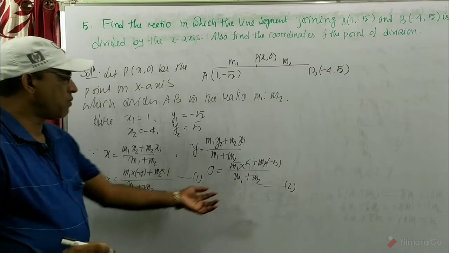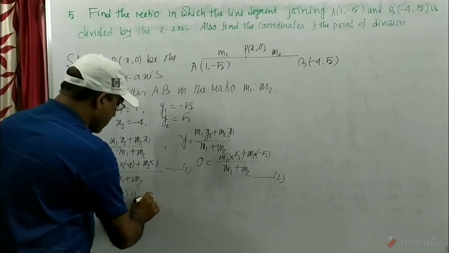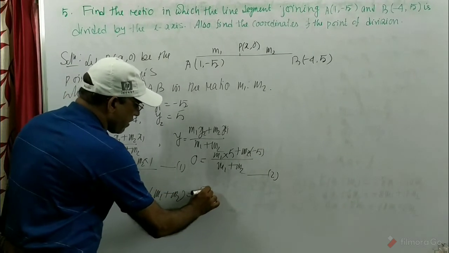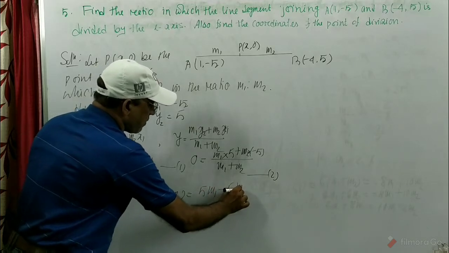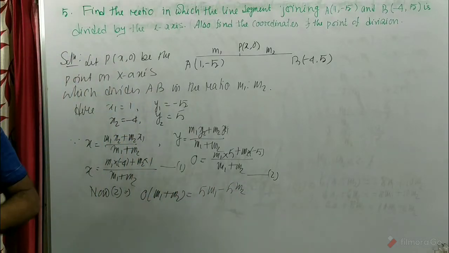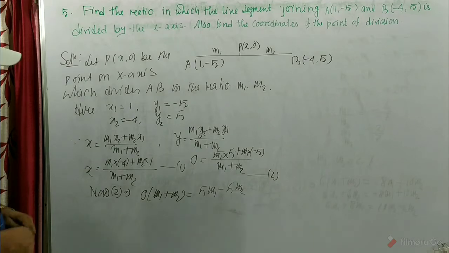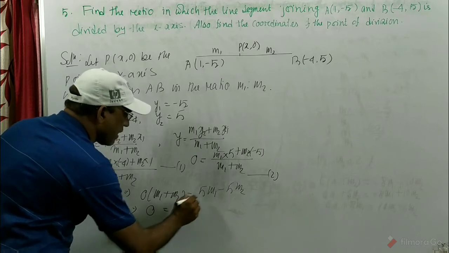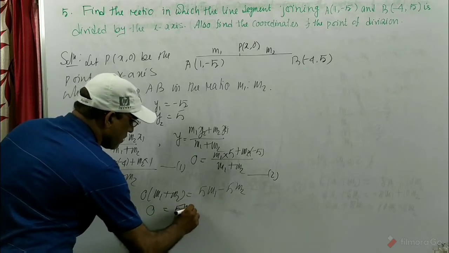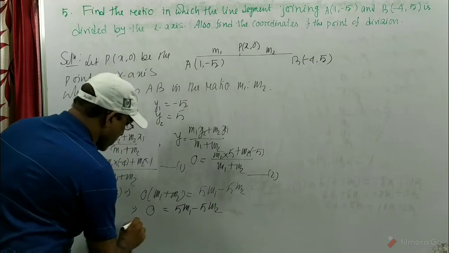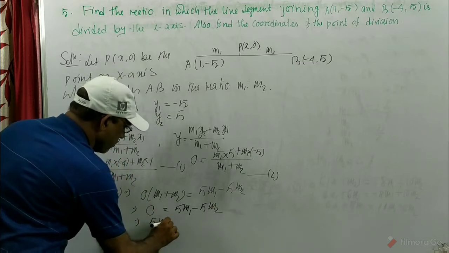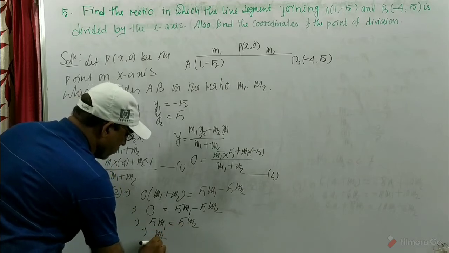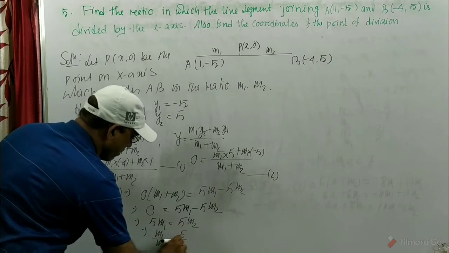In equation 2 we multiply on the left hand side, 0 into m1 plus m2, equals 5m1 minus 5m2. So 0 into something is 0, and this is 5m1 minus 5m2, so 5m1 equal to 5m2, and m1 by m2 equal to 5 by 5.